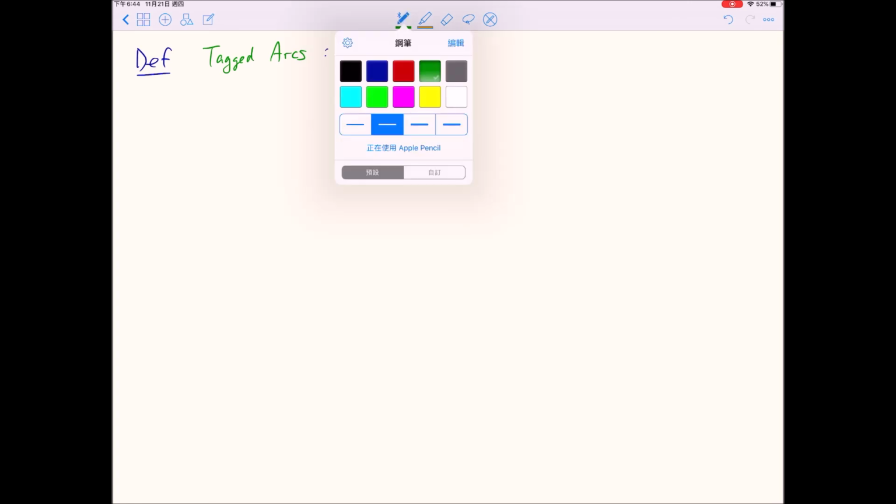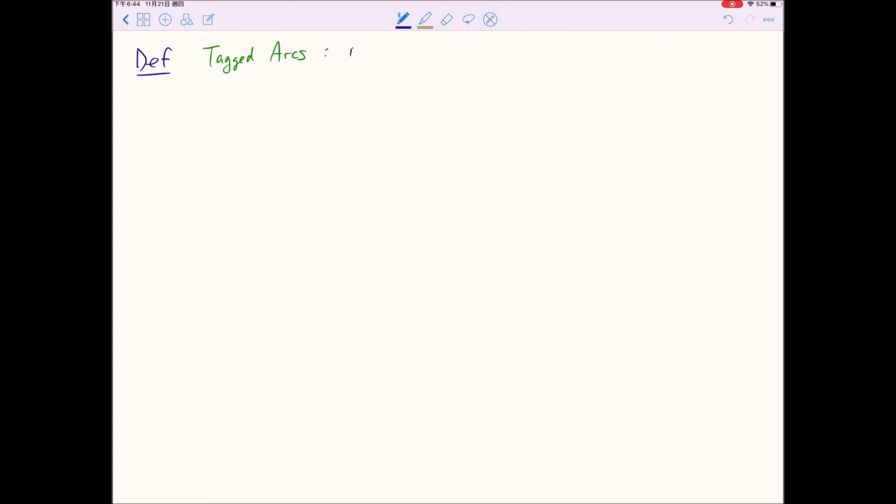So a tagged arc will be an arc with a tagging. A tagging can have two types. Either there's no tagging, so I put the empty set symbol here, or sometimes it's called plain.